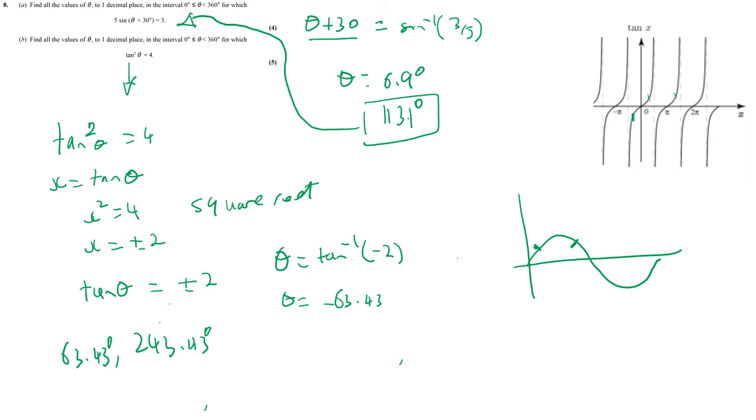So if we add 180, we will go here, and if we add another 180, we will go here, okay? So if we add 180, it will be 116.6 degrees, and if you add another 180, that should give us 296.565 degrees, and all these values are between 0 and 360.